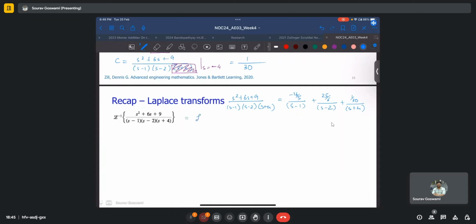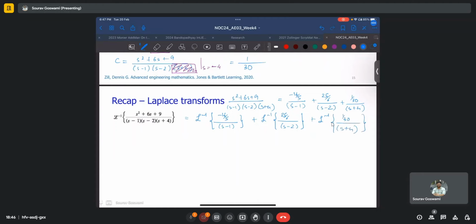So this will amount to the Laplace inverse of minus 16 by 5 by s minus 1, plus the Laplace inverse of 25 by 6 by s minus 2, plus the Laplace inverse of 1 by 30 by s plus 4. Again, we can pull the constants out.